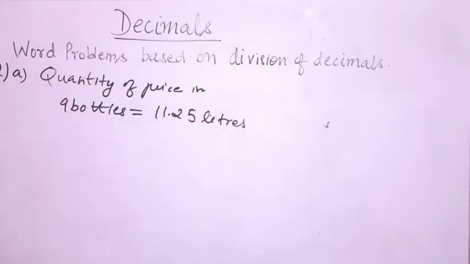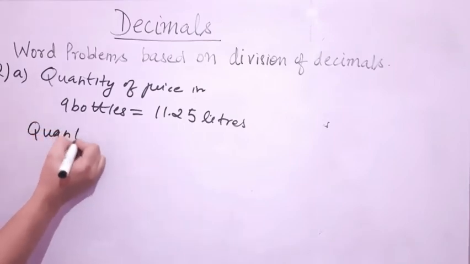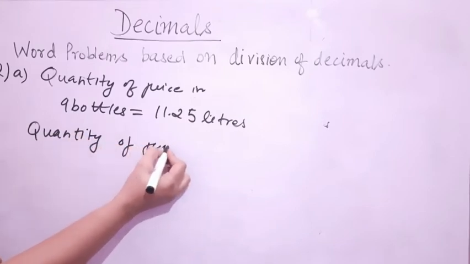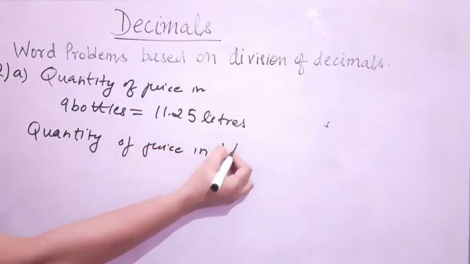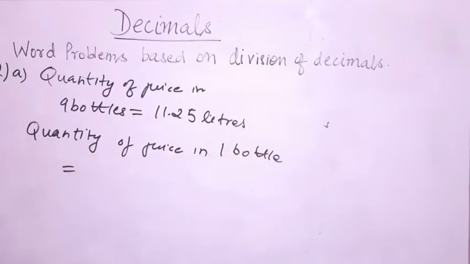Now we have to find out the quantity of juice that one bottle contains. So the second statement would be quantity of juice in one bottle, right?